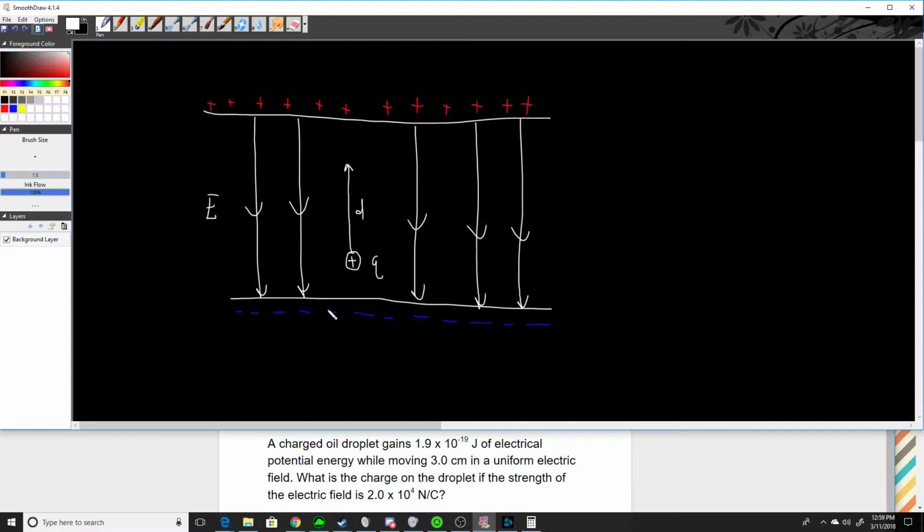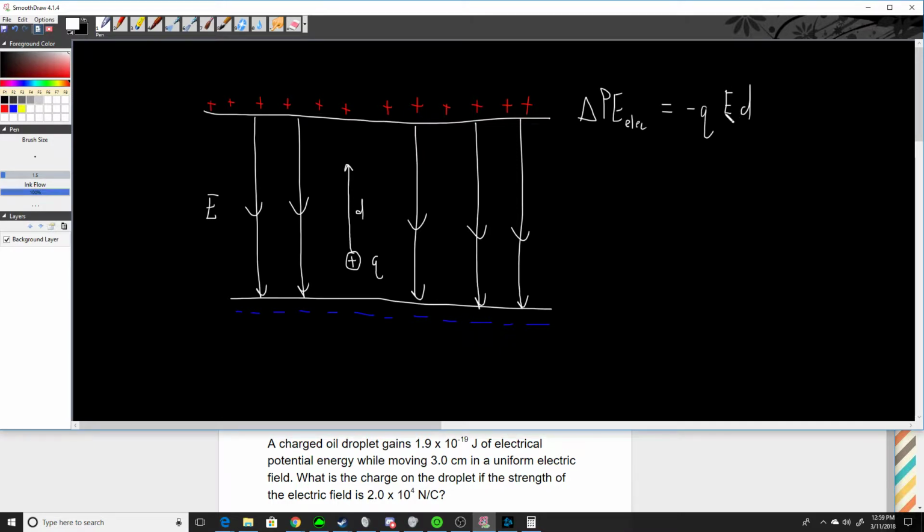So the equation we're going to use to figure out really the electrical potential energy is negative Q E D. All right, so to figure out what the potential energy is, and specifically what the change in potential energy is, it's negative whatever my charge is times whatever the value for the electric field is.